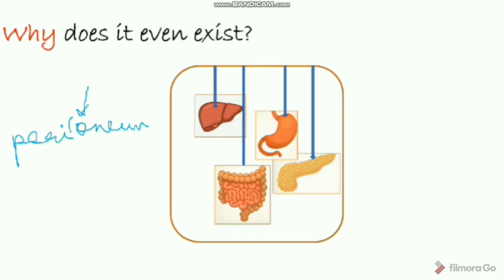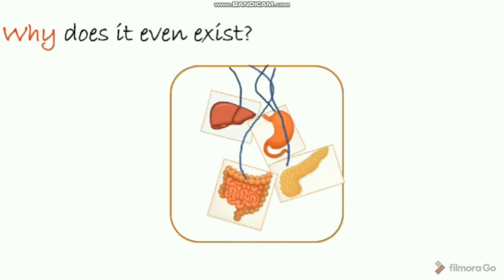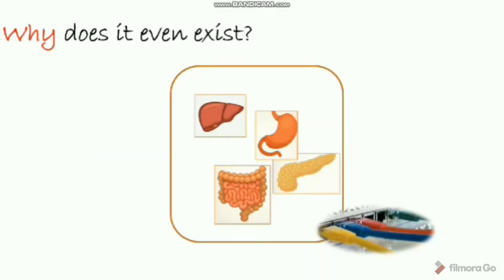Just imagine the support was in the form of some ligaments or something which is like suspending it from the dome of the diaphragm above. Now what could happen with this support? Of course this is not an optimal support, because after some movements, you can imagine what happened with these things. They would have been something like that. The strings would have got entangled, and that's what you don't want.